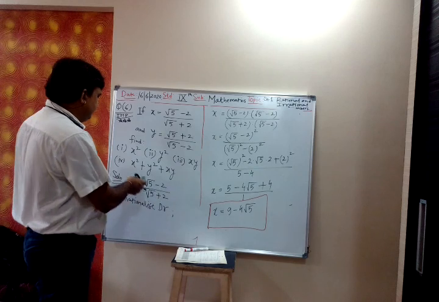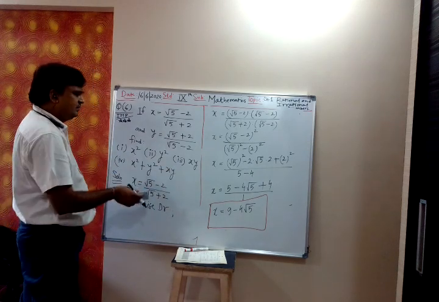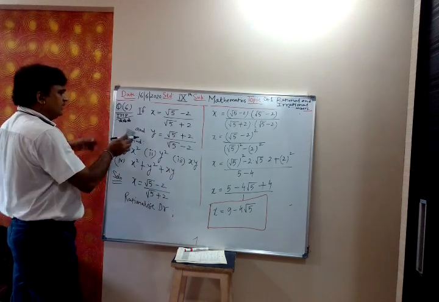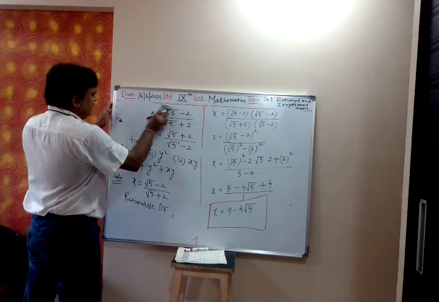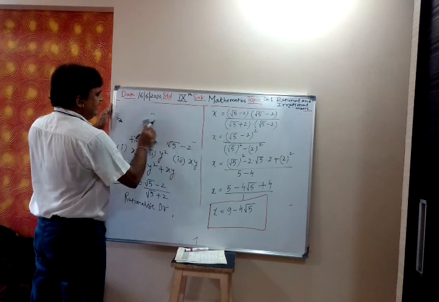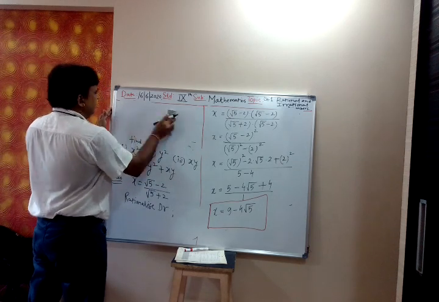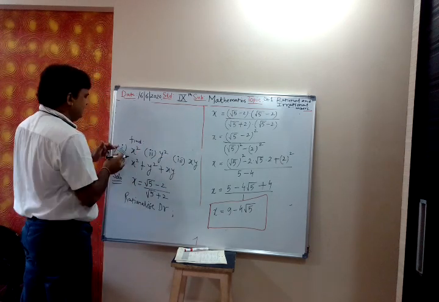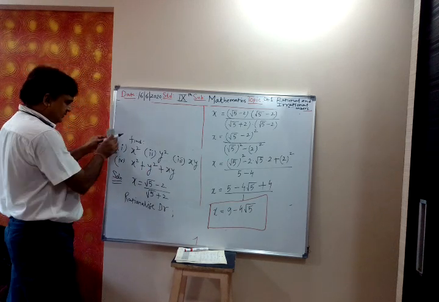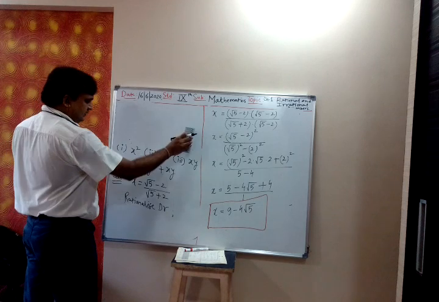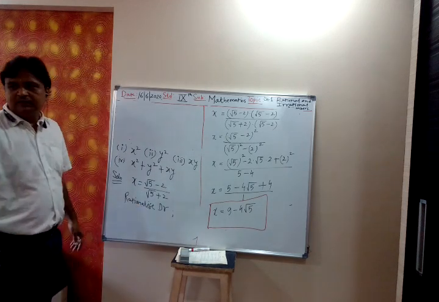Now for x square I will square this. Now see, before finding x square, you also simplify y, and then at the end you find the rest.